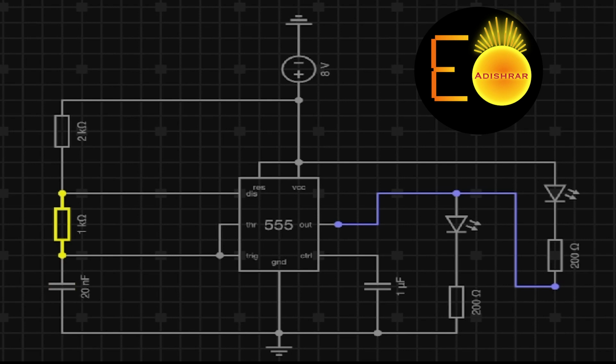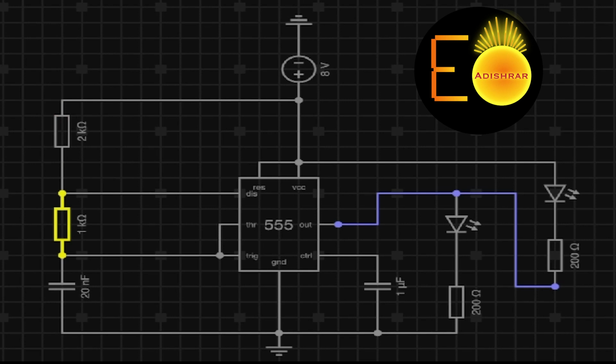You may think that you can make the discharging time greater by replacing the value of R2, say with 6 kilo ohm, but no, you can't, because in that case the charging time will depend on 2k plus 6k, so 8k, whereas the discharging time will be based on only the 6 kilo ohm resistance.